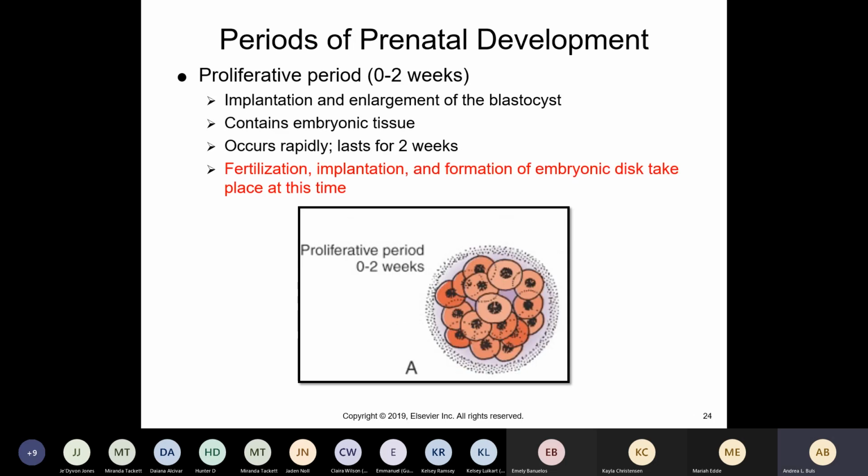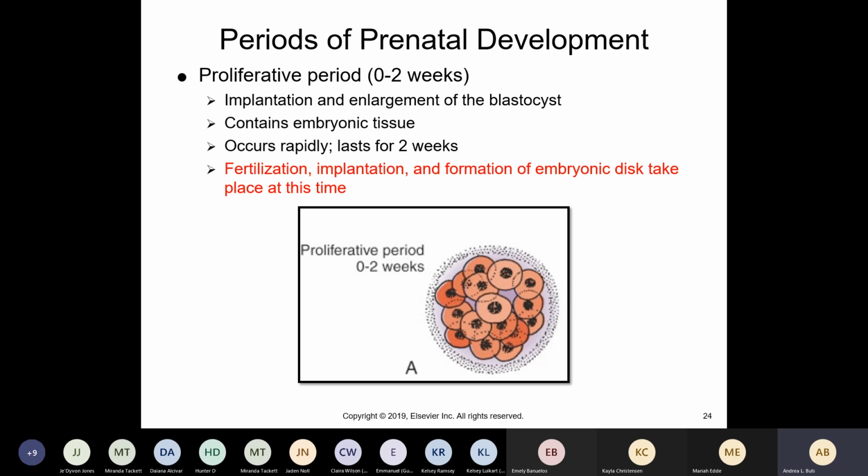There are some periods of prenatal development. The proliferative period is from 0 to 2 weeks. So here we are, we've gone through meiosis, we've got a fertilized cell, or a fertilized egg. So we have a cell, a blastocyst is what we're going to call it at this point.